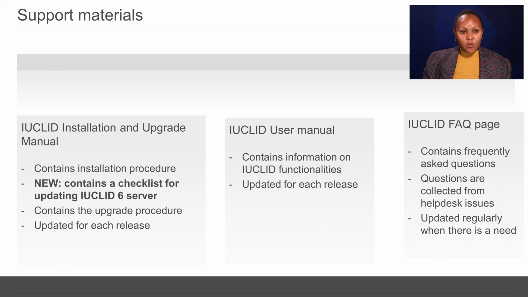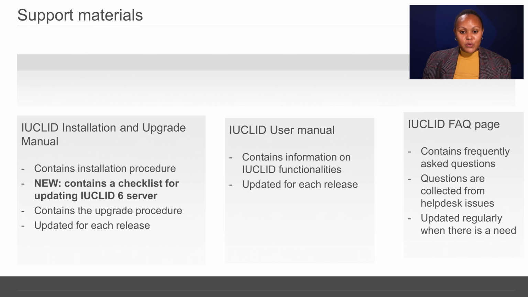And on our website, we also provide support materials. The Euclid installation and upgrade manual is a document that contains a lot of information. It contains the installation procedure, it contains the upgrade procedure, and we have a new chapter that contains a checklist for updating the Euclid 6 server.